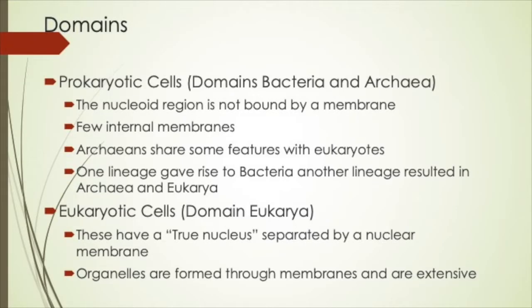Right, so we have two different domains of cells. Prokaryotic, that doesn't have the nucleus, but it has a nucleoid region. It's not bound by a membrane, but it's in the center of the cell. Doesn't really have internal membranes.